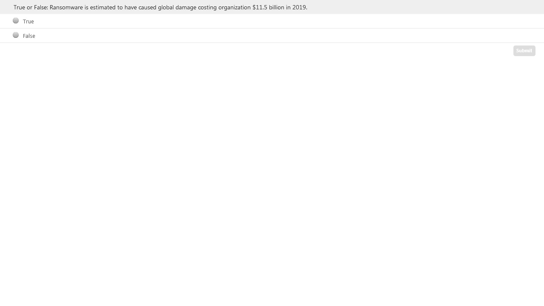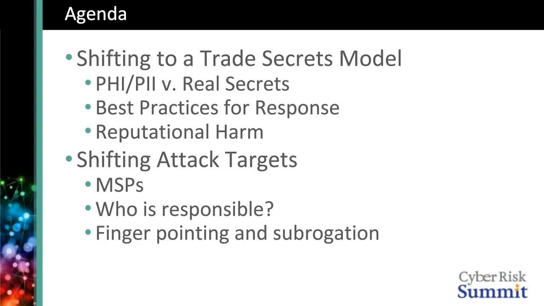Okay, now we're going to talk about the shifting of the model and how the targets seem to be moving as well. Kim, is that what you're seeing? Yes, certainly. In the early days, as Bill mentioned, ransomware was hitting from the outside in, where there wasn't necessarily a data breach.